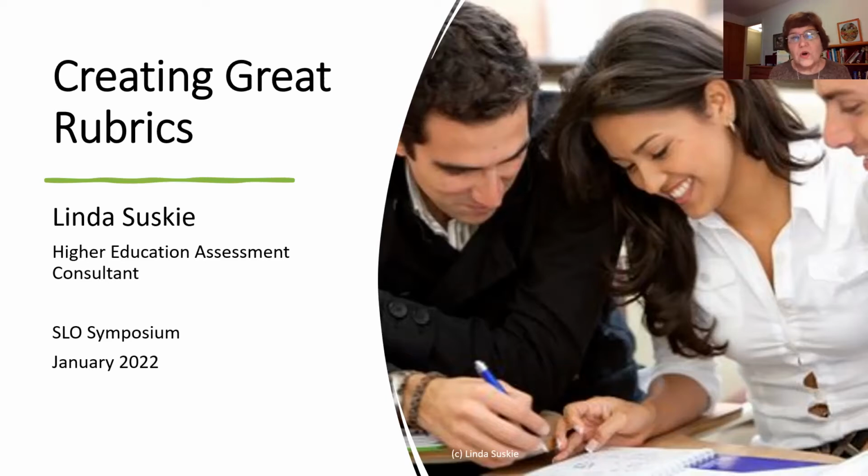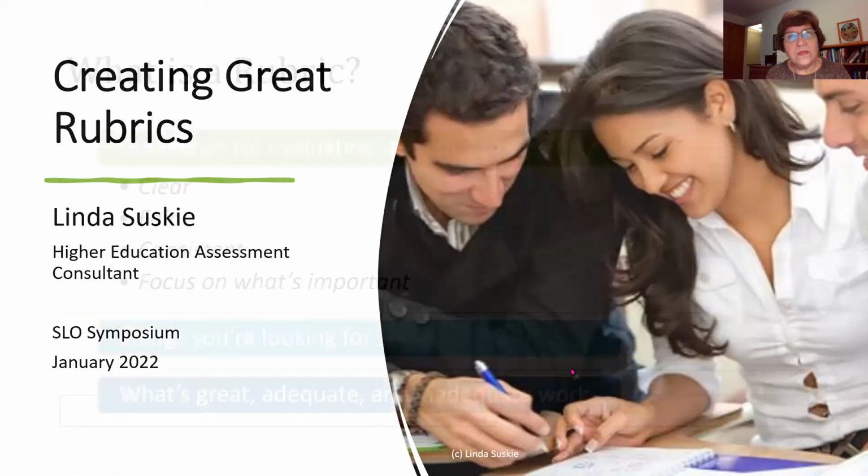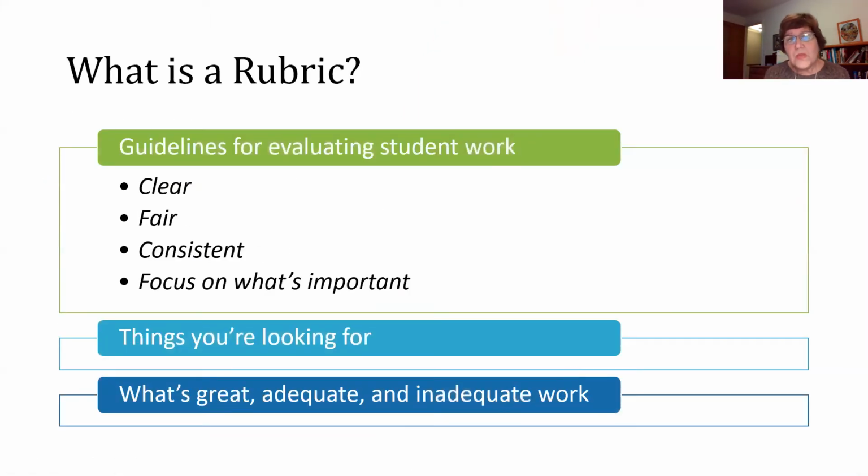The reason I want to start with what is a rubric is one of the first things I learned is there is no consensus on what is a rubric. The only consensus that I heard from just about all the experts is that a rubric is a set of guidelines for evaluating student work.